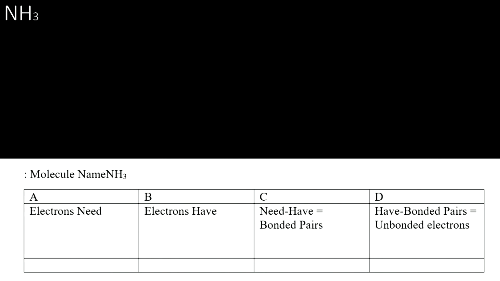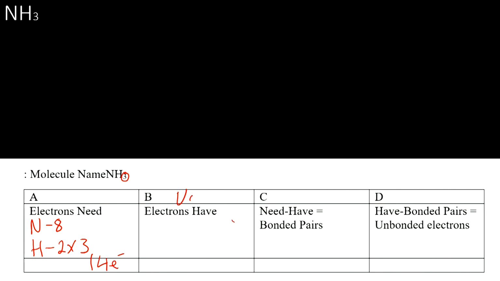Moving on to NH3. Again, list your elements, nitrogen and hydrogen. Nitrogen needs to have 8, hydrogen needs to have 2, and we have 3 atoms of hydrogen, so we'll times that by 3. That will give us a total of 14 electrons.